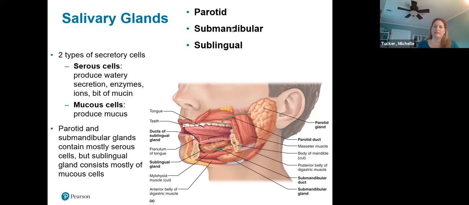The parotid and submandibular are mainly serous cells, water secretion with enzymes, and a little bit of mucin. Mucin is a glycoprotein that gets sticky when wet. The sublingual glands will produce mainly mucus, less enzymes and more mucus.